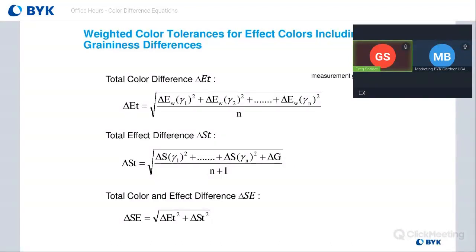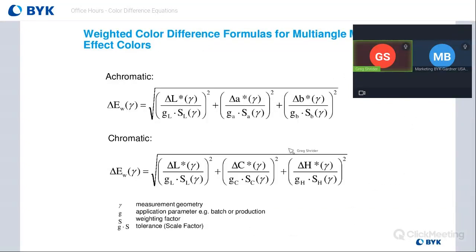And then you can have this one color and effect difference. If you're talking about DenMod, then that's a very specific way that we treat the multi-angle data, and that is where this equation can adjust to be achromatic for one set of angles and chromatic for another.